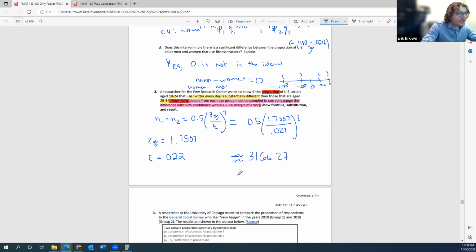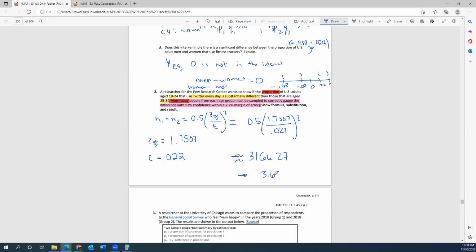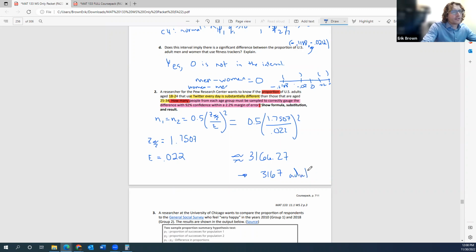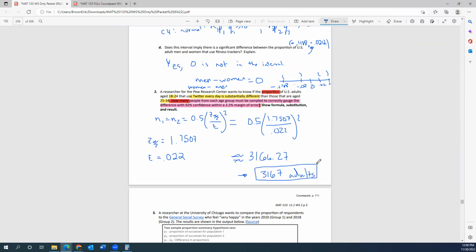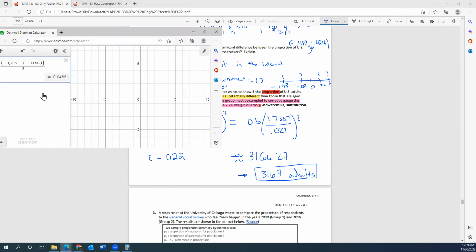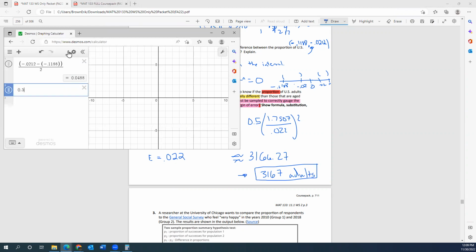So the correct answer is 3167. My bad. Always round up when calculating sample size, which is different than just rounding. I got 316.627. I got one decimal off to the left.